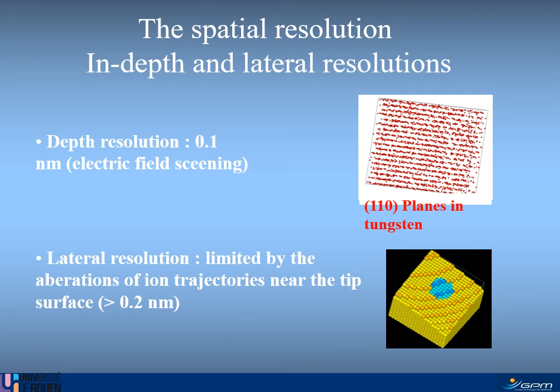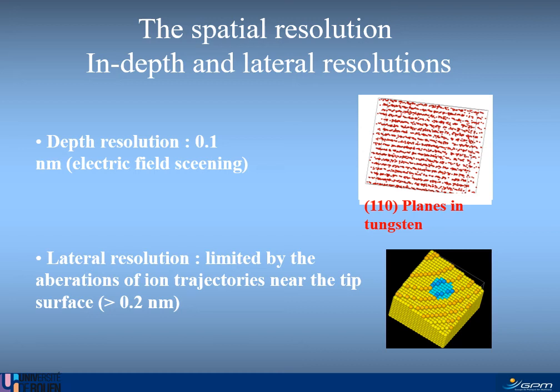In contrast, when you consider the lateral resolution, I mean the resolution parallel to the tip surface, this resolution is limited by the aberration of ion trajectories that occur near the tip surface. You've got a point projection, but it is more complicated than this because of the topology of the tip surface.